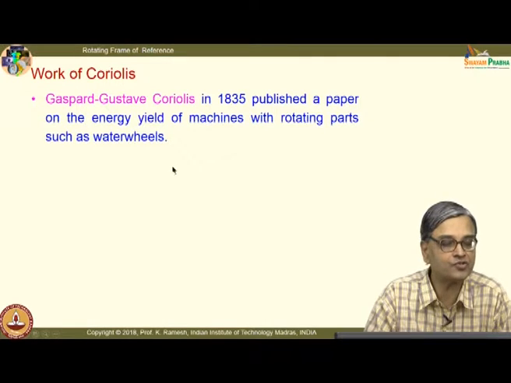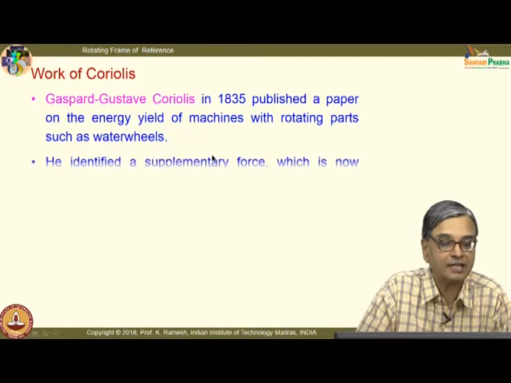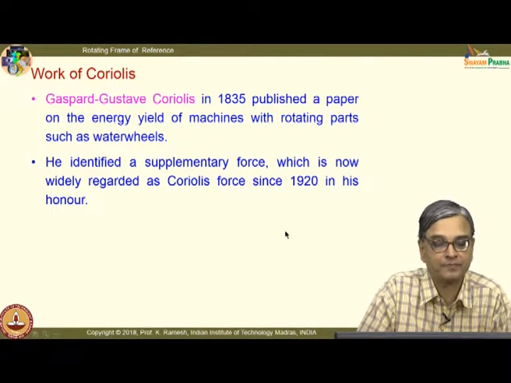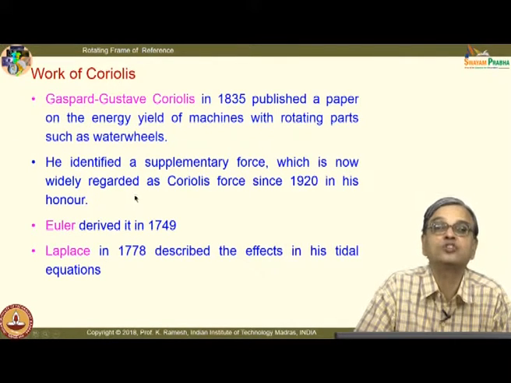And if you look at the history, it was in 1835 that the French scientist Gustave Coriolis published a paper on the energy yield of machines with rotating parts such as water wheels. His observation was that there was a supplementary force, which is now widely recognized as Coriolis force since 1920 in his honor.